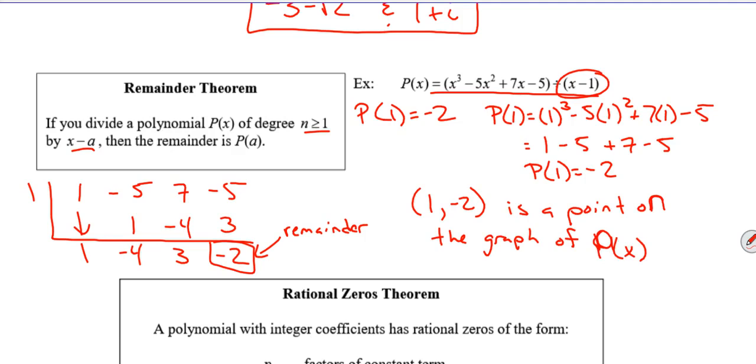So if I were to graph this function and go to the point (1, -2), I would be on the graph. Again, that's the remainder theorem. Pretty straightforward, but it's important that you know what it's called and can easily access it. We'll practice that some more in the classwork.